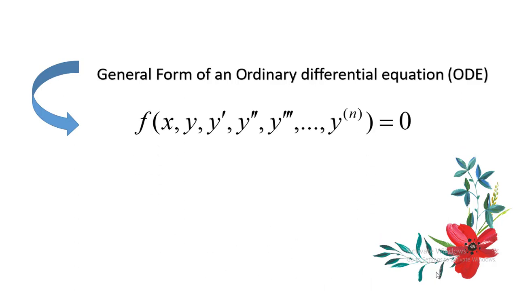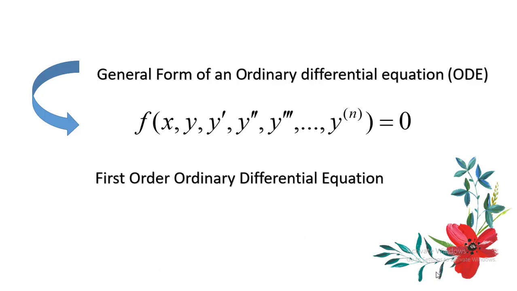The simplest ordinary differential equations to be discussed are ODEs of the first order because they involve only the first derivative of the unknown function and there are no higher derivatives. So the general form of the ordinary differential equation ODE is as written, and the general form of the first order ordinary differential equation is as written as well.